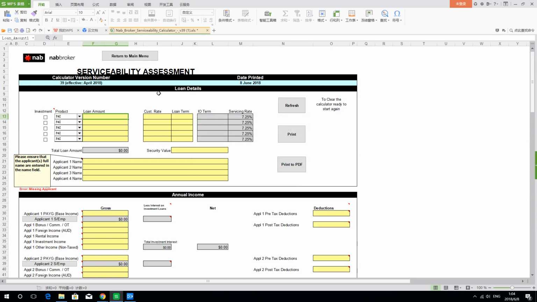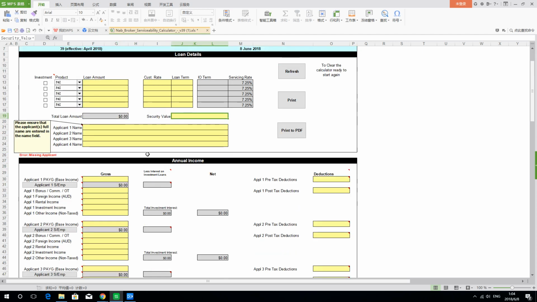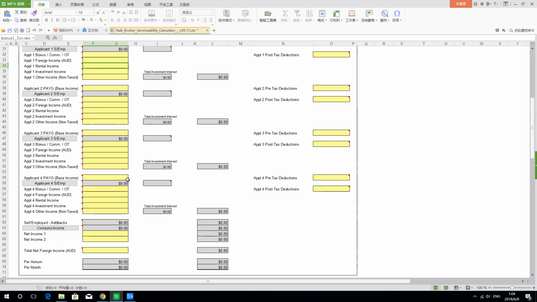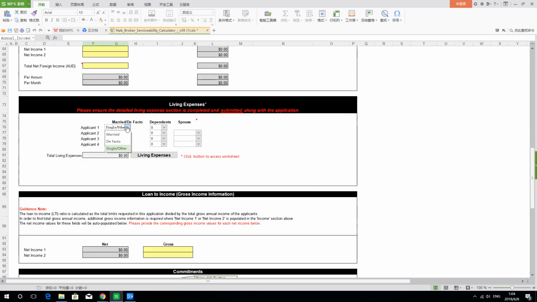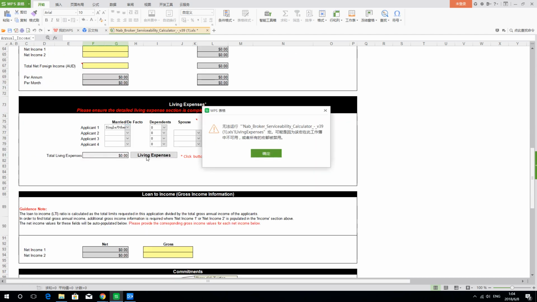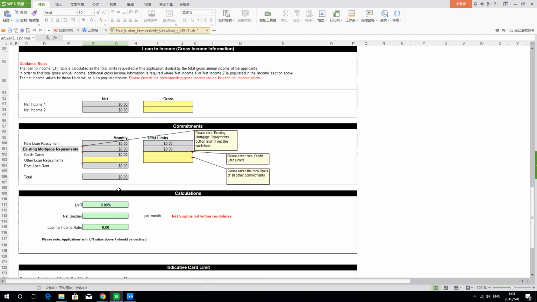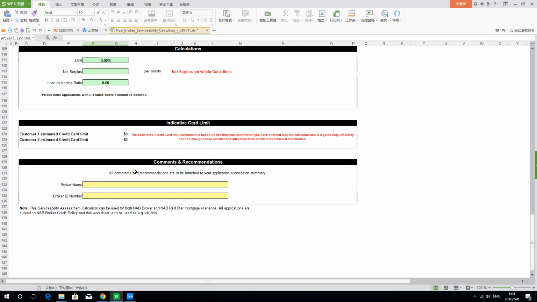So this is NAB, for example: loan amount you want to propose, what's the interest payment type, all these components, security value, calculate LVR, how many borrowers, gross income, after-tax take-home, bonus, foreign income, rental income, investment income, other income, non-taxable. Alright, if you're single, married, divorced, living expense, net income, other commitments, and LVR, net surplus ratio, loan to income ratio, etc.